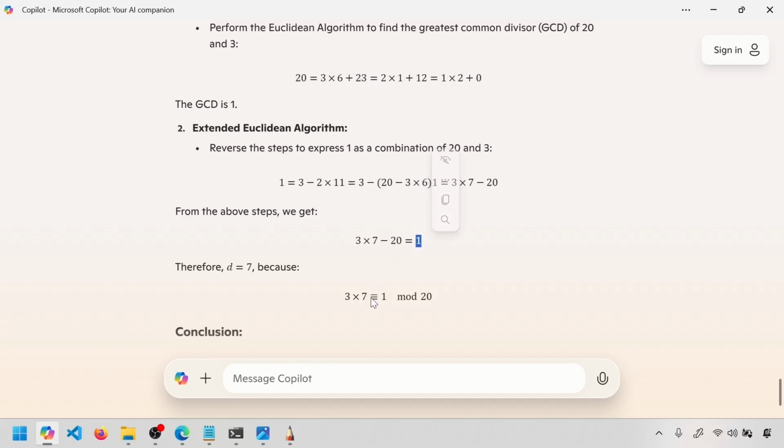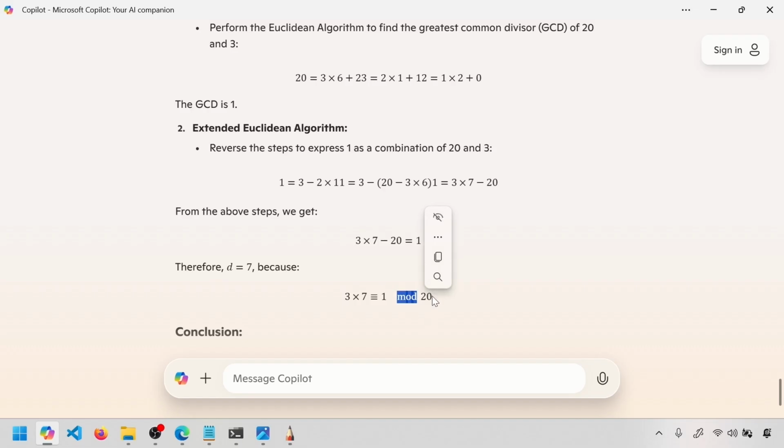The reason for these 3 hyphens here instead of 2, which is equal to, is that there could be other numbers other than 7 which satisfy this particular equation, because it is a mod operation. We have seen the mod operation, which focuses on the remainder of the division. The remainder keeps repeating.